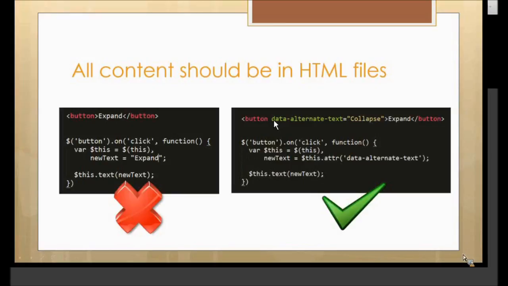The next thing is to avoid using internal JS. Usually we try to use all the JS from the front end, but sometimes there is a need to use JS from the back end also.